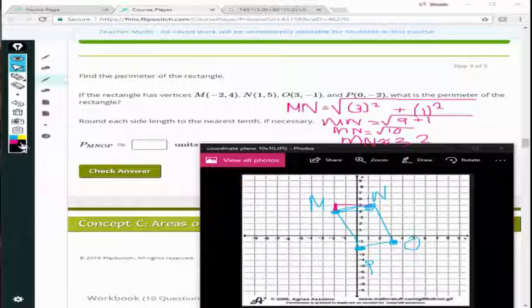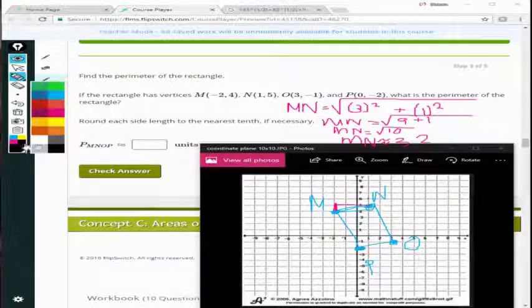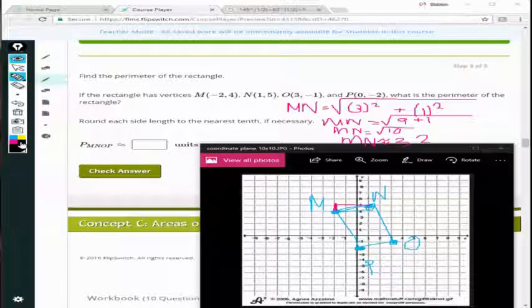So we are going to have from NO. And again, I'm going to utilize my graph. If you work it out algebraically, just label them x1 and x2. It will come out to be the same.